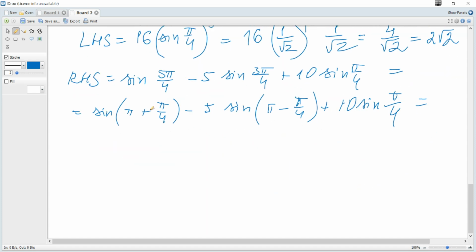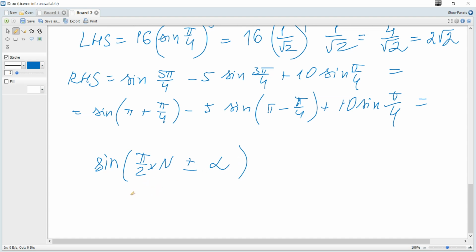And if we want to represent an angle which is greater than 90 degrees in terms of an acute angle from 0 to 90, there are the next rules: sine of a large angle should be represented as pi over 2 times n plus or minus an acute angle from 0 to 90 degrees.